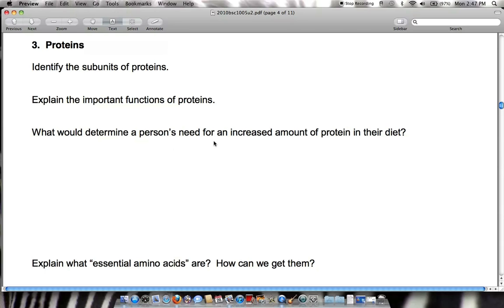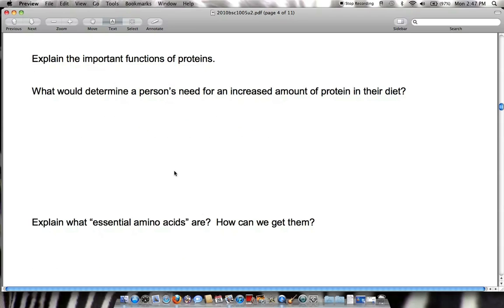Why would you need to increase your amount of protein? Well, if you're suffering from some sort of illness, you need to build up those cells that are going to fight the illness, and a lot of proteins are involved in enzyme action, in creating those new cells and parts to those cells and so forth. What happens if you cut yourself?